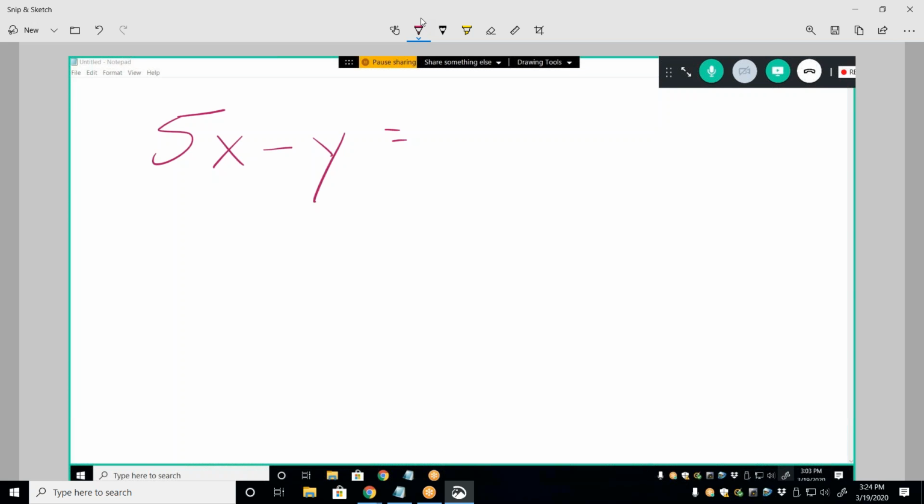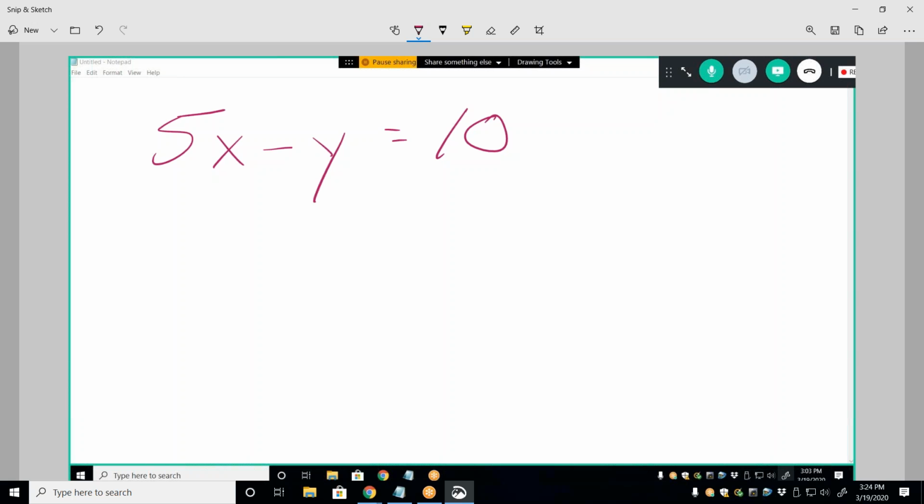Now, when you have equations with only one variable, you can always figure out the answer to x. But when you have only one equation and you have two variables, you can't solve it for both variables. The only thing you can do is solve it for one variable in terms of the other.